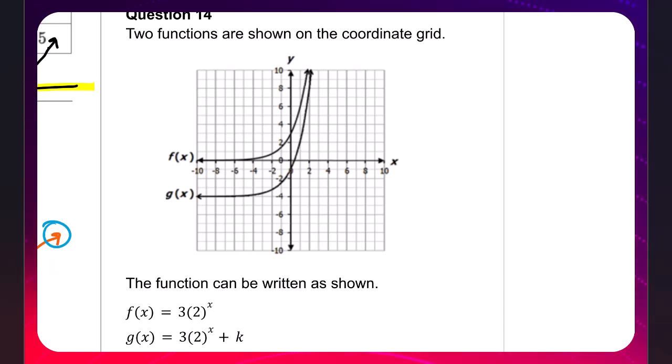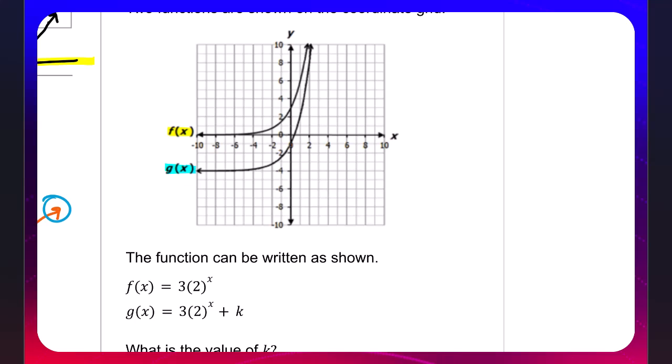Okay, question 14 should look familiar to you. It's got 2 different functions. They look like they are both exponential growths, but it looks like one is above the other. So if you look underneath it, it gives you the function for f of x, and then it says g of x has been manipulated. Like these are the same, except g of x has changed.